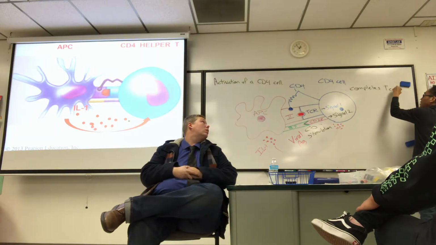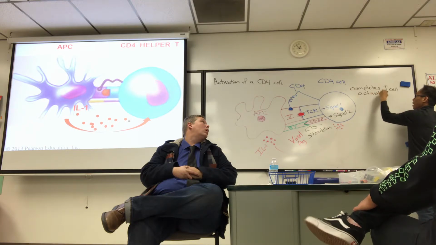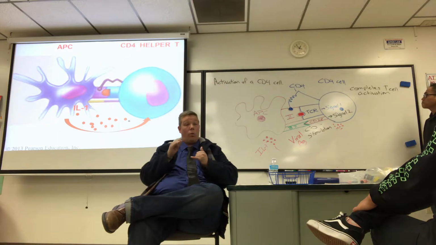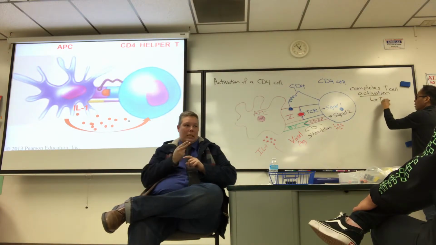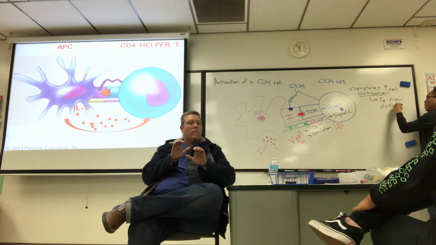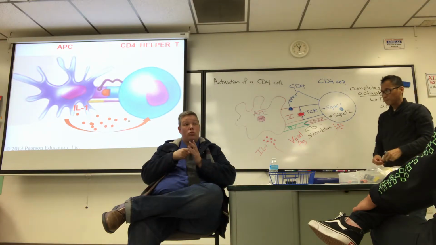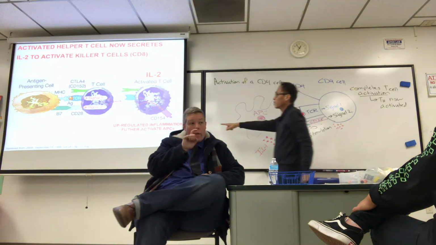T cell activation. And an activated T cell has different properties. An activated helper T cell, now activated, it will start displaying different cell differentiation markers, like on this slide, CD154, shown here.